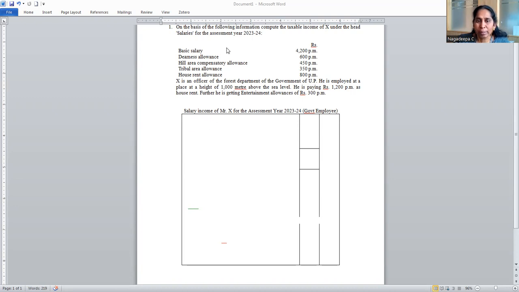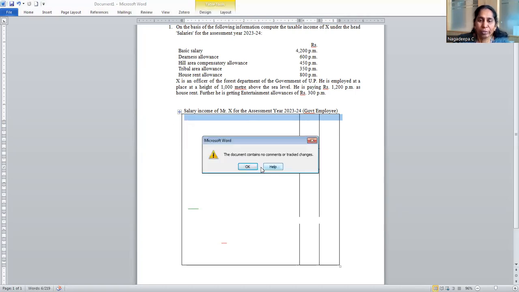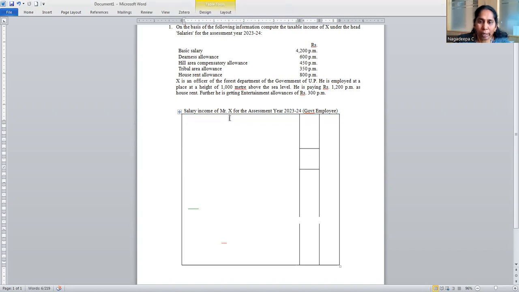Okay, the first item is basic salary, 4,200 per month, which is fully taxable. So 4,200 into 12 is fully taxable. You have to write basic salary, 4,200 per month.